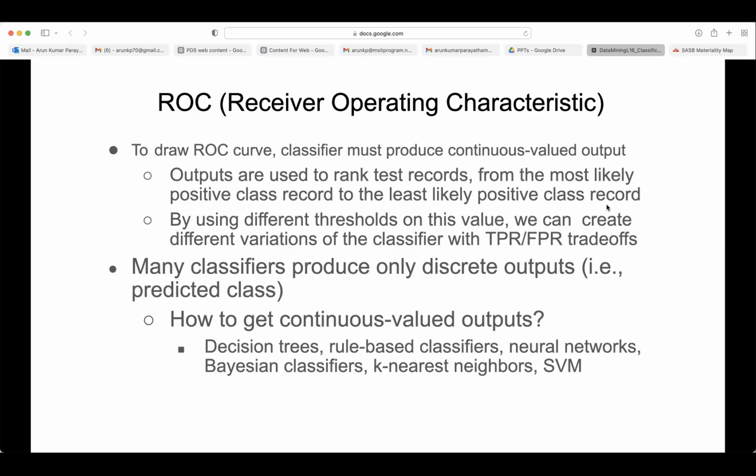So we need to rank the records not based on the class. We will rank the records based on the probability that it is positive. So outputs are used to rank test records from the most likely positive class record to the least likely positive class record. By using different thresholds on this value, we can create different variations of the classifier with TPR by FPR trade-offs.